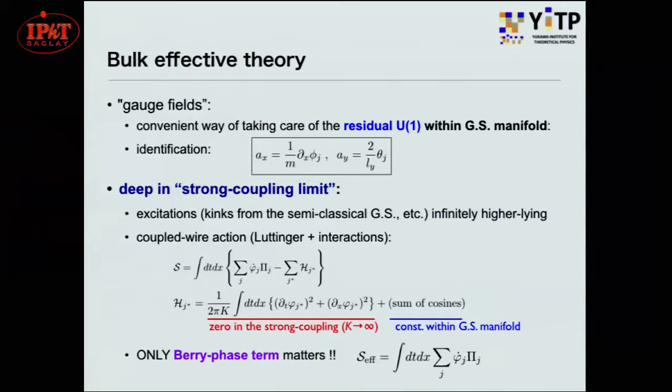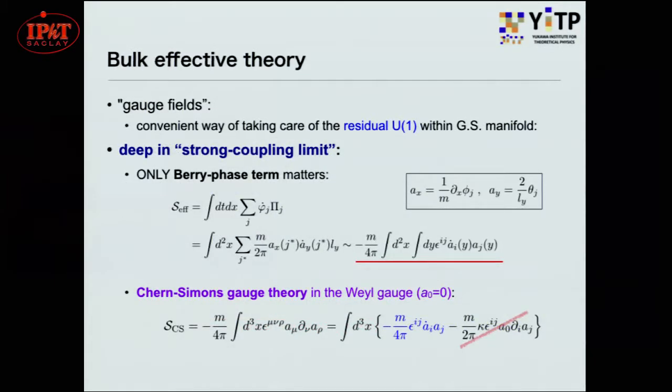But deep in the strong coupling limit, K diverges, so we can forget about this term. This strong interaction gives you an ice manifold of this problem. Because we can forget about this term, only the Berry phase term shown here survives in the deep strong coupling limit. So all we have to do is plug this identification into the Berry phase term. If you do that, we get this form.